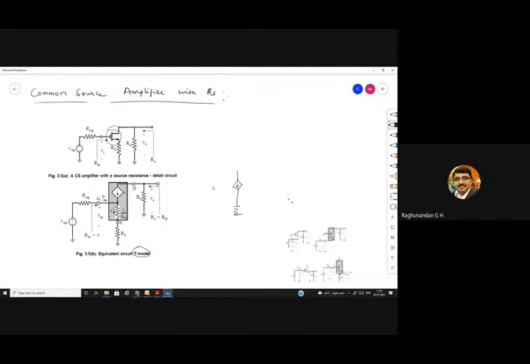Since it is not directly grounded, the internal resistance will come into the picture, and that internal resistance is indicated like this. Since this acts like a current source, we represent it with respect to the transconductance. That's why we have written 1 by gm.